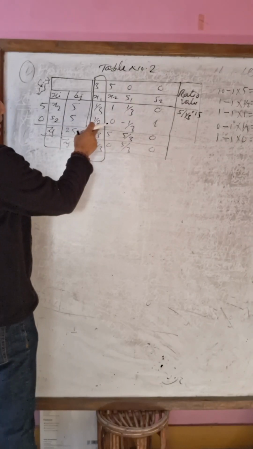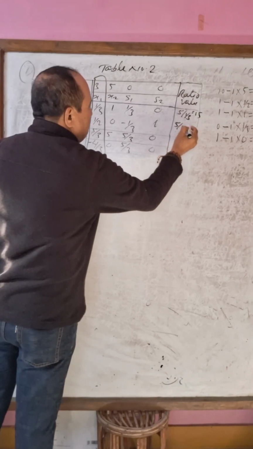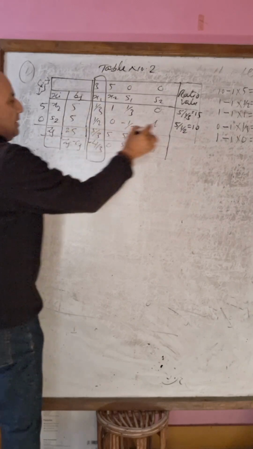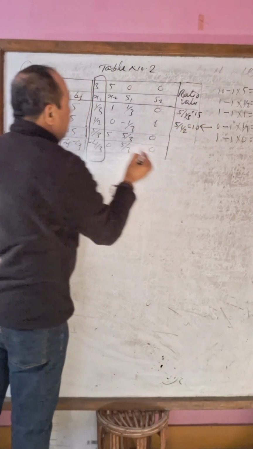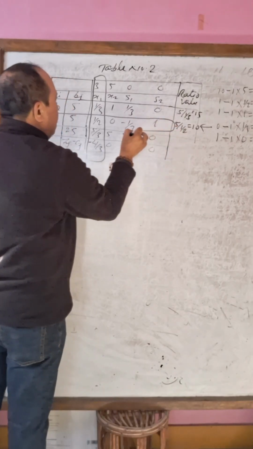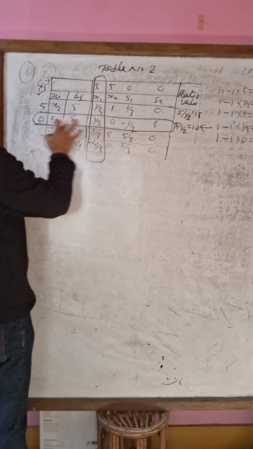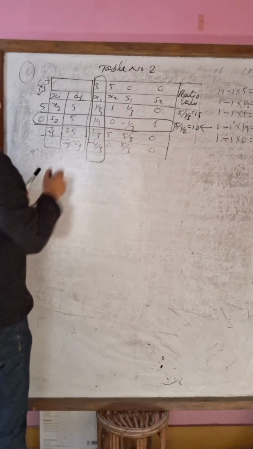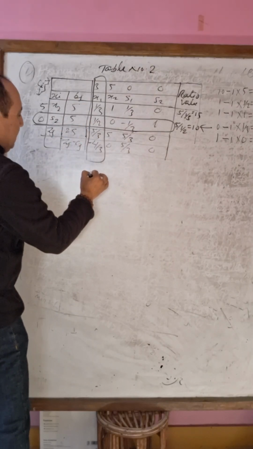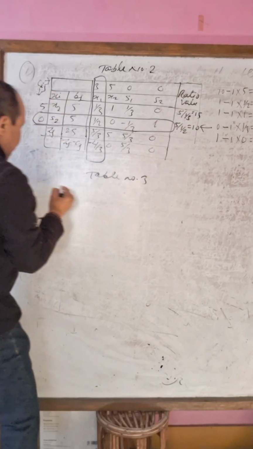And next you have 5 by 1 by 2, that is 10. Okay, finished. So the minimum positive ratio is this one, 10. So this column you consider as the key column, and this row you consider as the key row. Key row is this one. Now next you form table number 3.